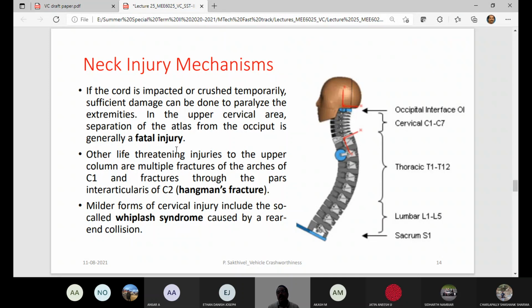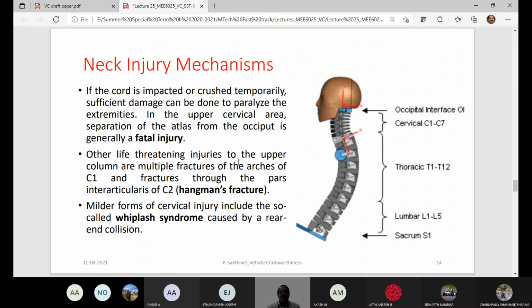In a rollover, the person gets upside down, and his head is being constrained by the roof, and the entire load of the body comes on the head. That's a kind of big crushing. That crushing force can damage, or sometimes in a frontal collision, there will be a shear stress that can shear off this portion from the atlas. That is a fatal injury. So breakage at this point is a fatal injury.